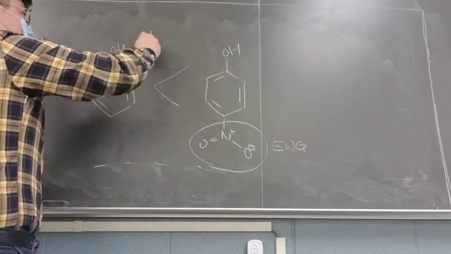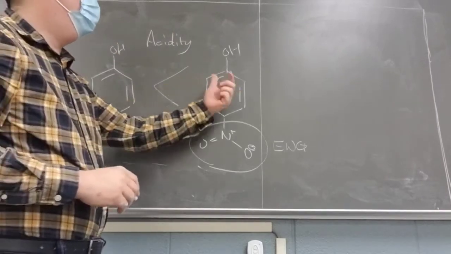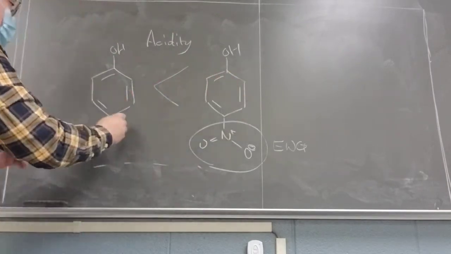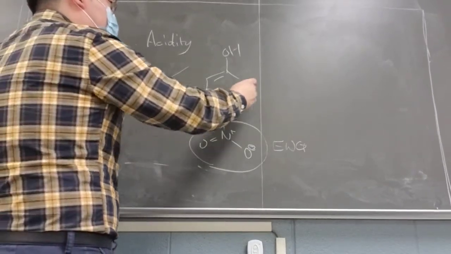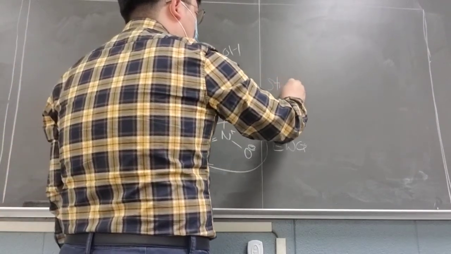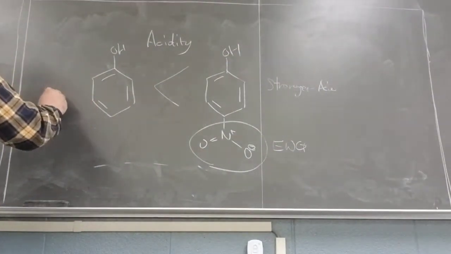So acidity wise, this will be stronger than this one. So here's the reason why. Why does it become a stronger acid than this one?